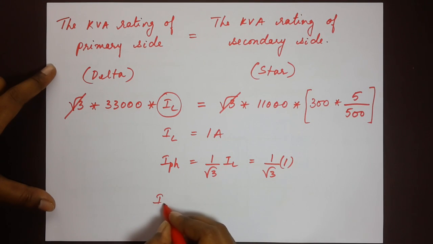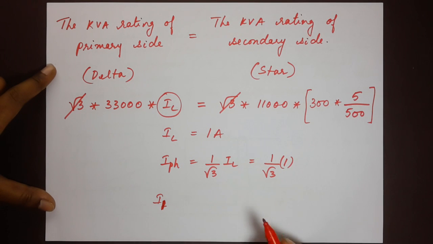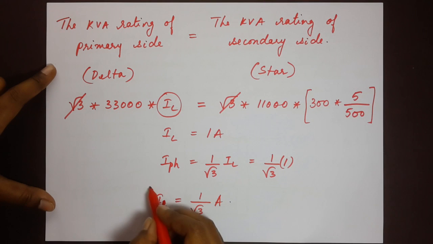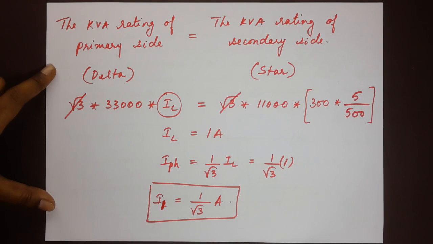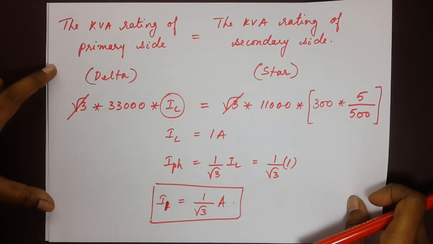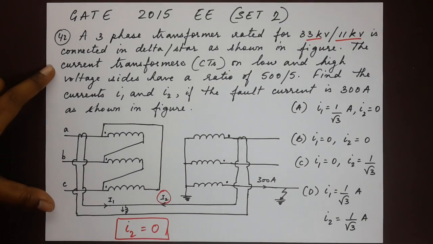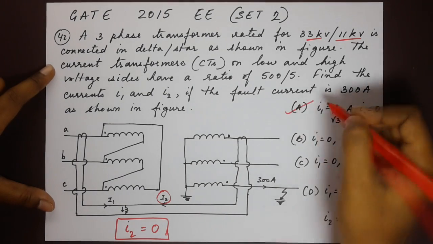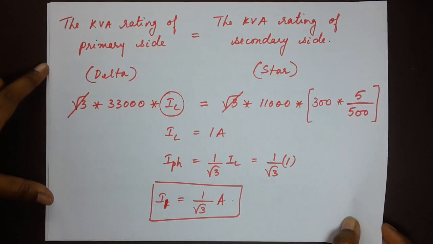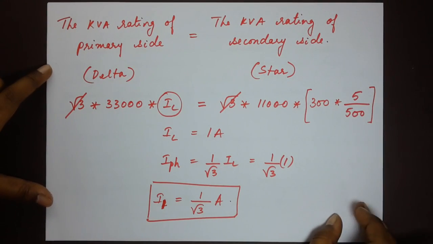So we have our value of I1. I1 equals 1 by root 3 ampere. This is our final value. We have I1 equals 1 by root 3 and we have I2 equals 0. That matches option A. I1 is 1 by root 3, I2 is 0.